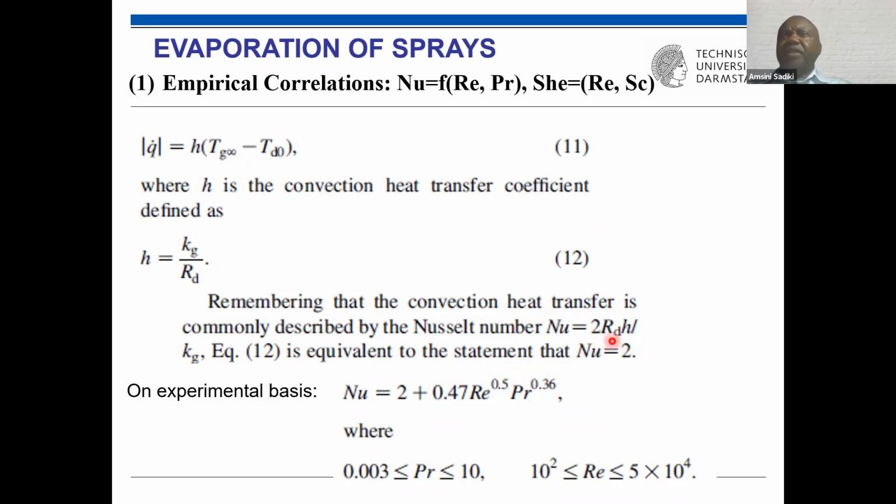if we have no turbulence, the Nusselt number is equal to 2 if the Reynolds number is 0. This means that in each correlation you should have 2 plus something, so that if we don't have the Reynolds number, and we don't have motion, the Nusselt number will be equal to 2.